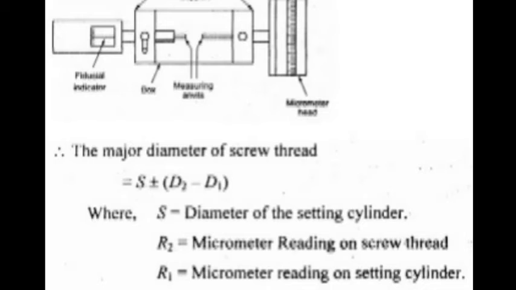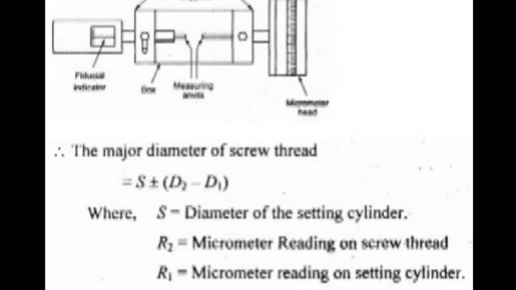The measurement is taken at two or three positions along the thread to determine any taper which may be present, and at least two, preferably three, angular positions to detect ovality.